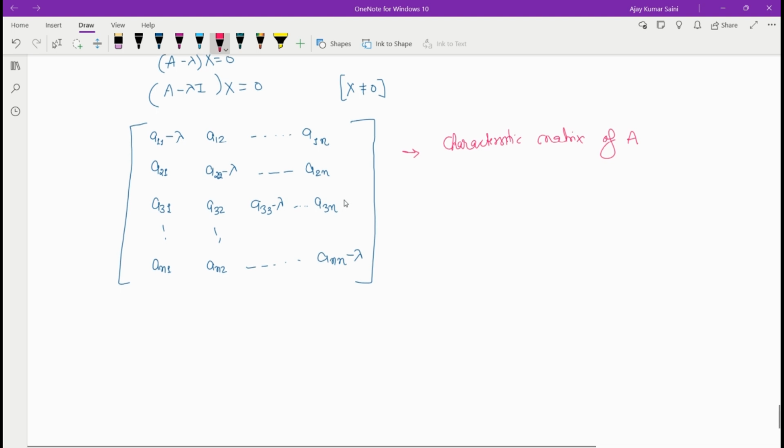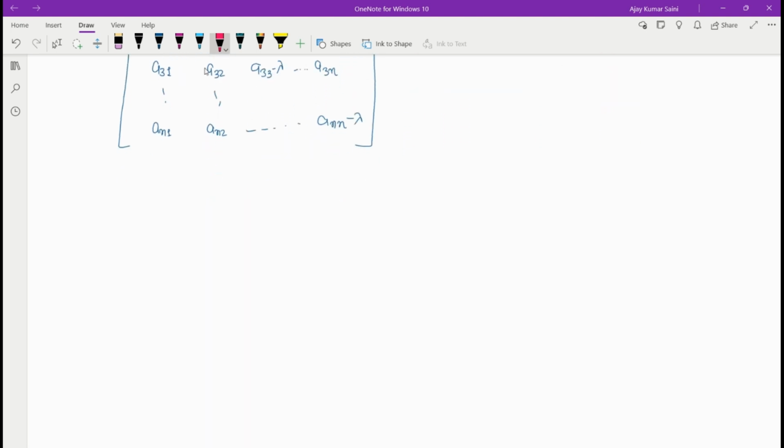Now focus here. This is some theoretical portion and it is very important to understand this thing.